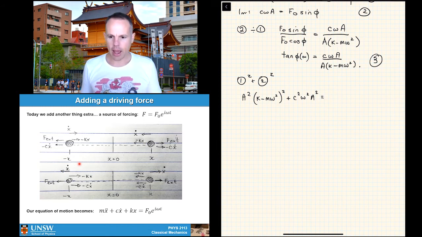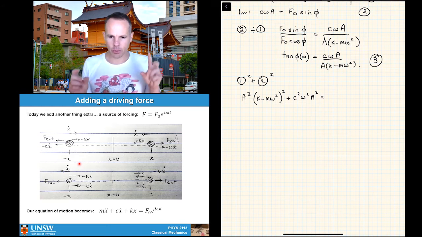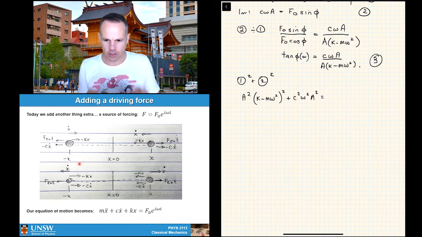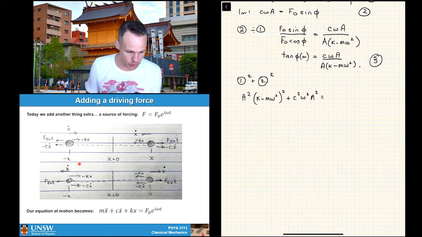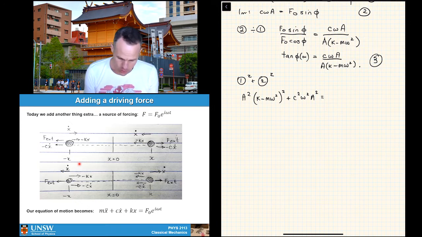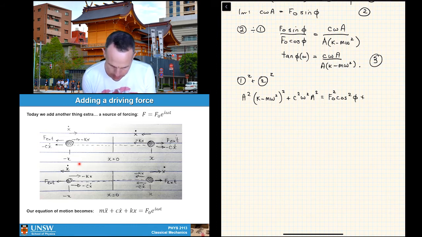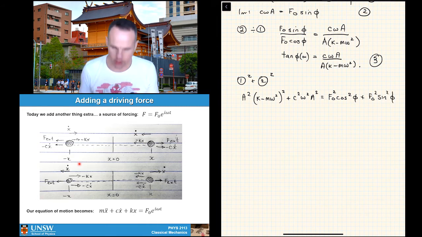So getting into the habit of at least putting some semblance of sanity into the flow of your maths is a very, very good habit to get into. It's a good reason to do lots of problems because you get used to it after a while. Okay, so this will now be f0 cos squared phi. There'll be a square just here. Plus f0 squared sine squared phi.